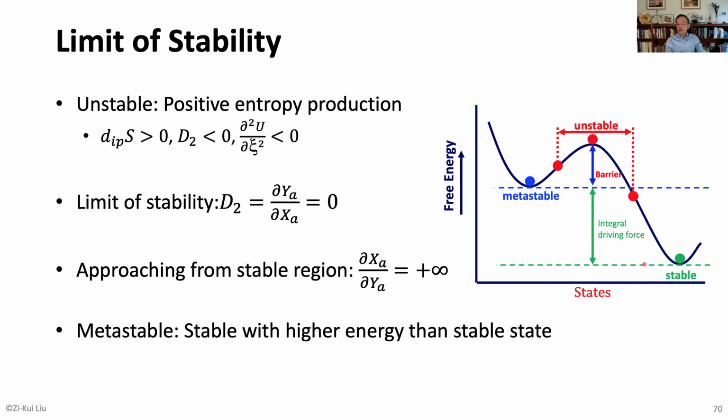We now have three types of states of a system: it could be metastable or fully stable in this range, and it could be unstable. Now we have three equilibria here. This is an equilibrium because the first derivative equals 0, and this first derivative equals 0 too. So two are stable, this one is unstable, and this one is metastable compared to that state.